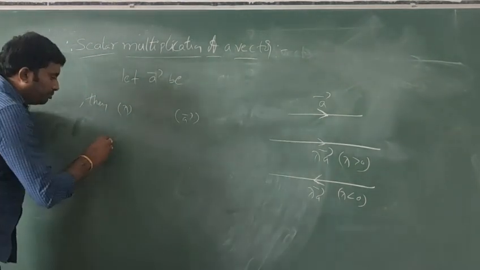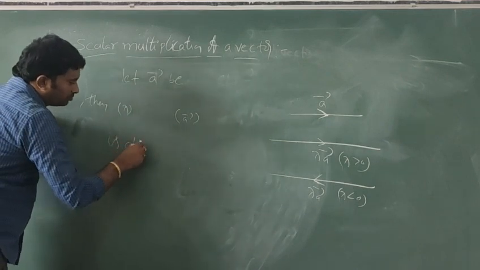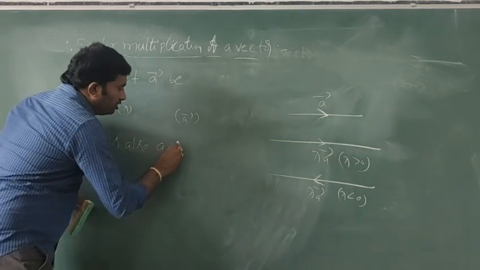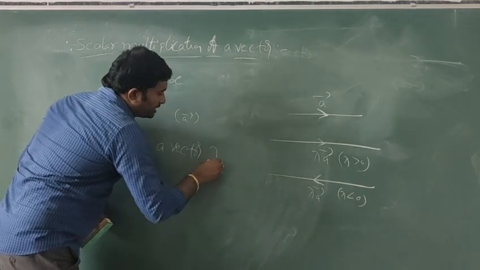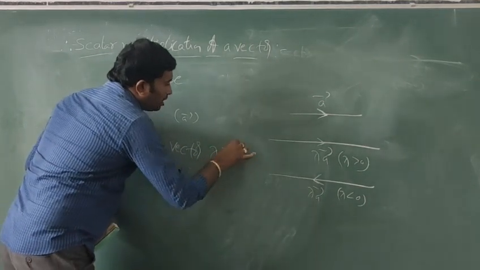That is very important. What is that vector? Lambda dot a bar.